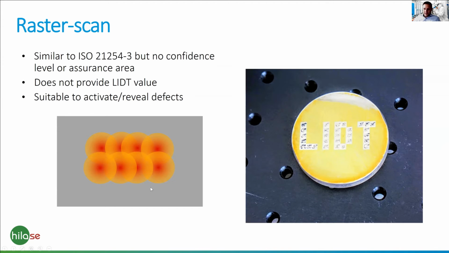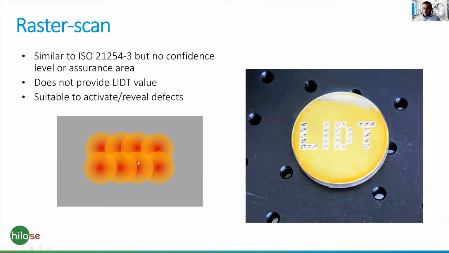Because it's usually related to a certain overlap of the pulses shot on the surface, this method is quite suitable if you suspect that there are contaminations or defects on the tested element and you want to activate them.